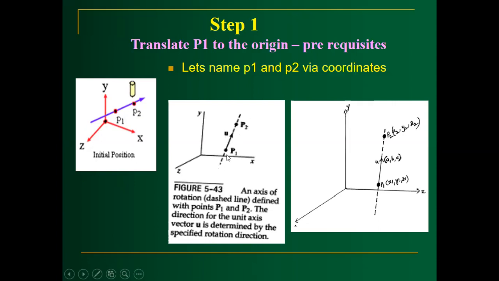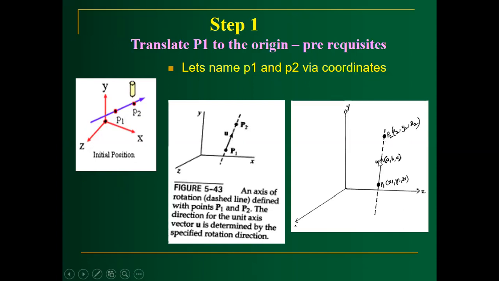This solid line is your unit vector, and P1 has x1, y1, z1. P2 has x2, y2, z2 coordinates. Let's name it. And all we should do is bring the whole u vector to origin. Before that, we have earmarked P1 and P2.